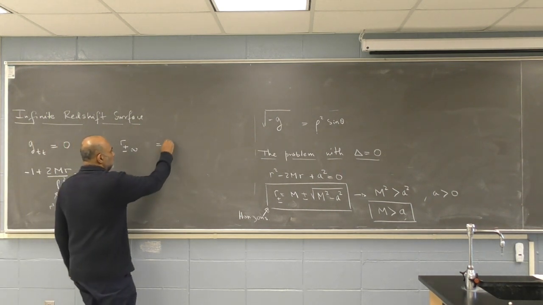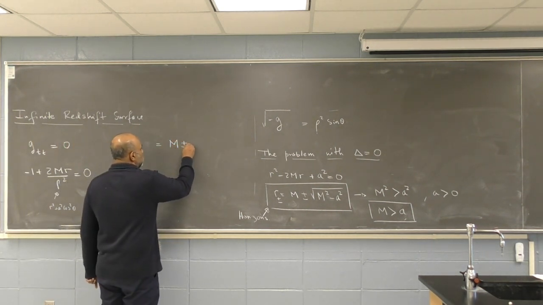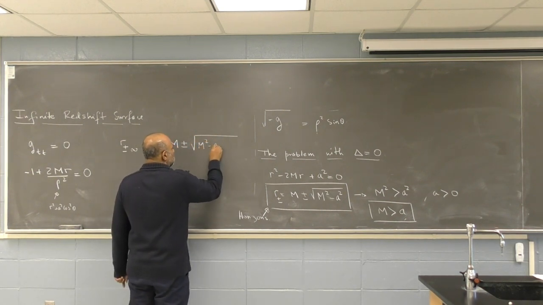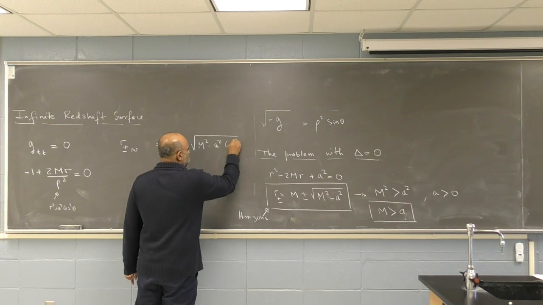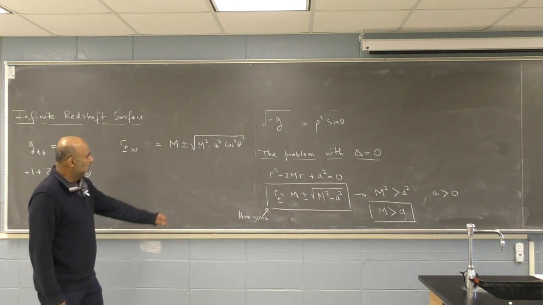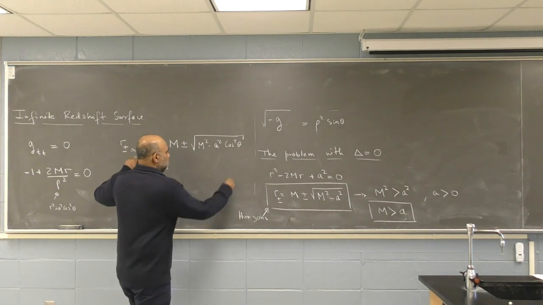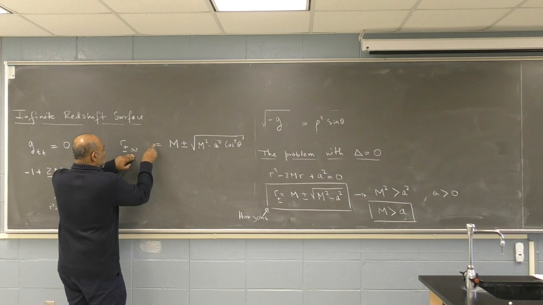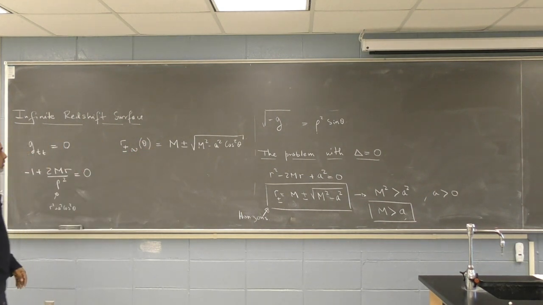And as a result, because the surface, the location, is theta dependent, that's the reason I left the space, the infinite redshift surface looks like so.